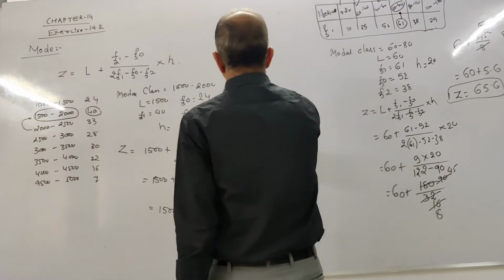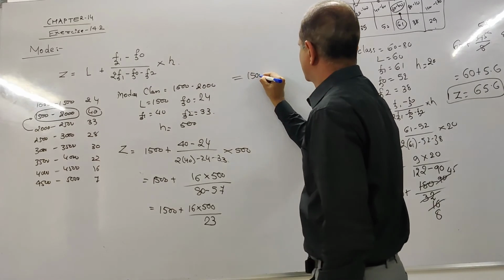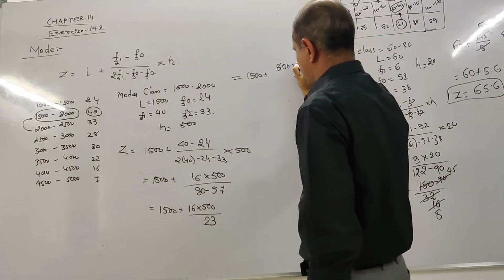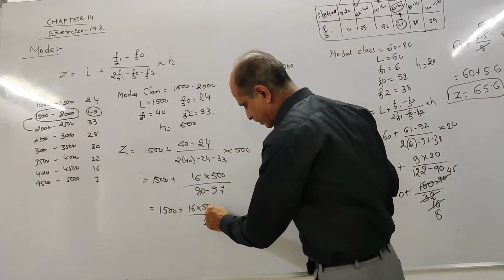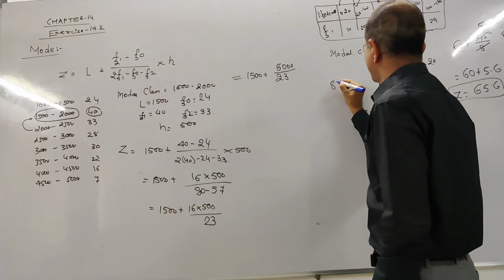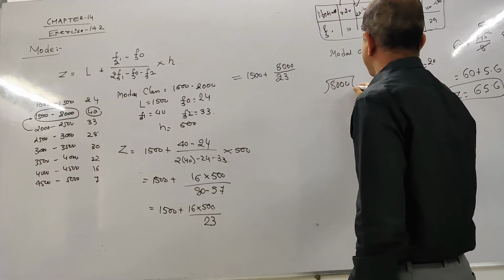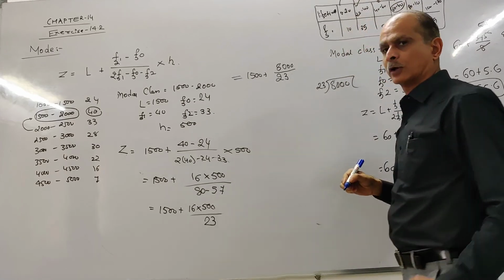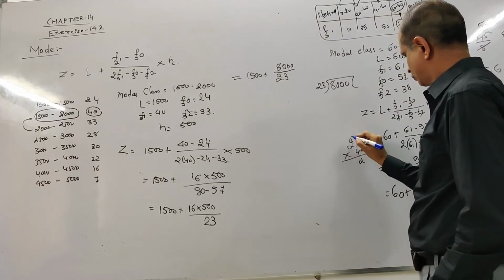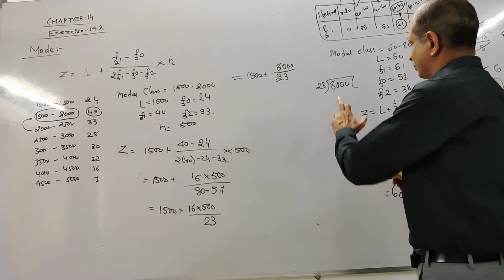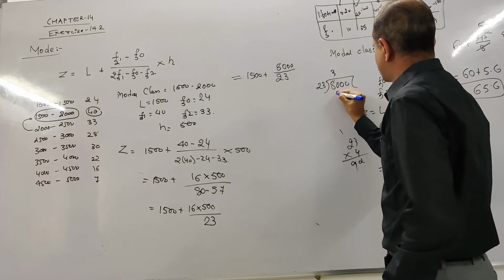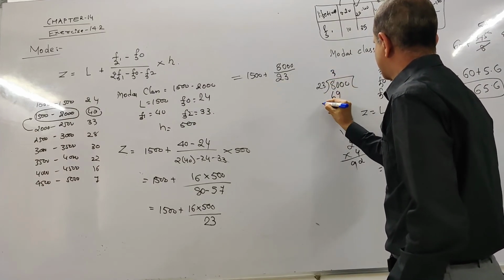So here you can write Z is equal to 1500 plus 8000, 16 5s are 80 plus 20 means 8000 upon 23. Now divide 8000 by 23. 23 4s are greater than 80. So you can easily write 23 3s are 69.